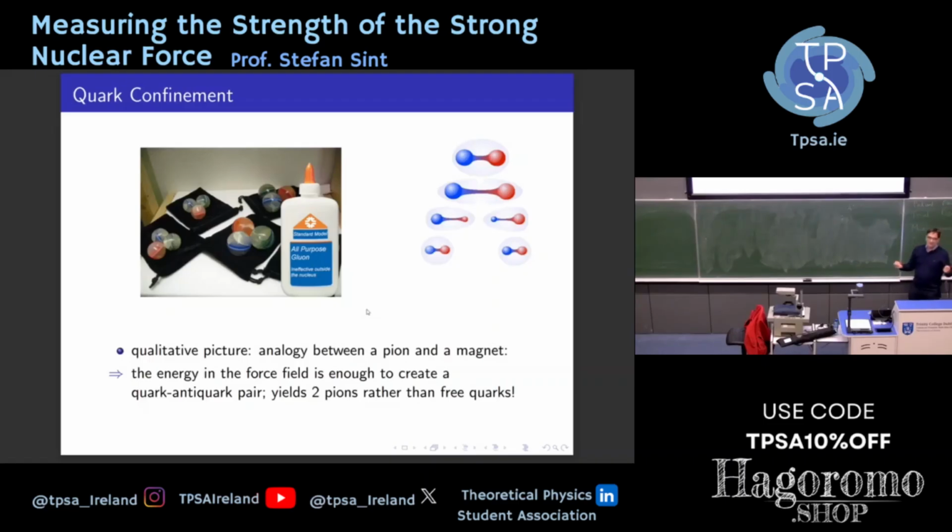So quark confinement, there's a qualitative picture. You can think of this if you take a meson-like bound state where you have quark, antiquark, and you try to separate those. Then you need so much force that the energy in the force field basically is enough to create a quark-antiquark pair out of the vacuum. And you get 2 bound states instead of 1. So instead of getting individual quark and antiquark, you get 2 mesonic-like states.